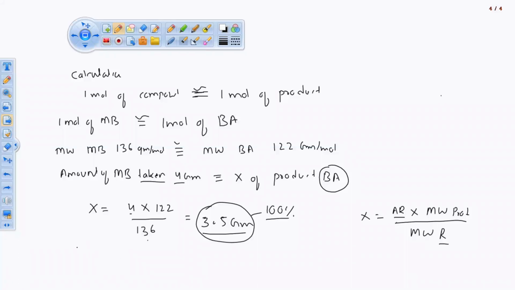Now practically अभी हम लोग प्रैक्टिकल करें तो different students will get different weights, but it is less than 3.5.